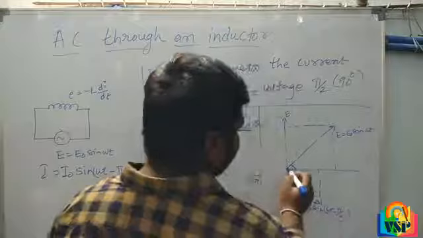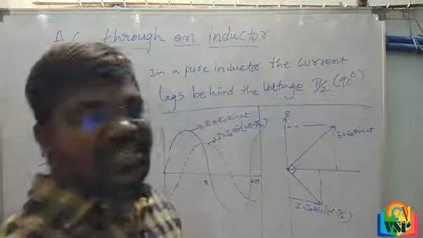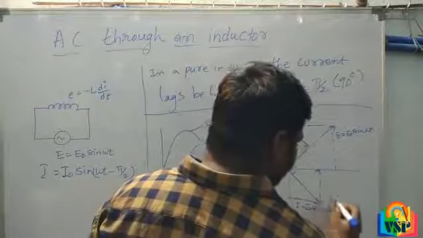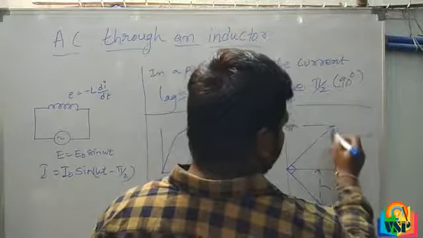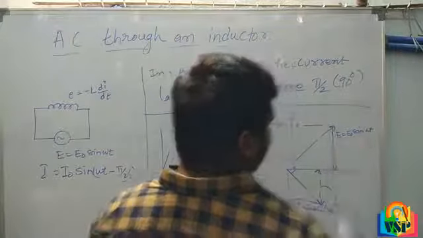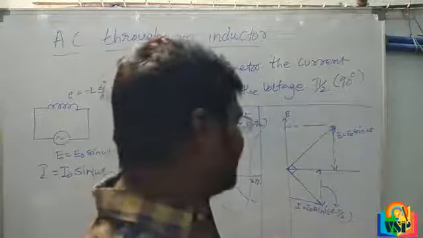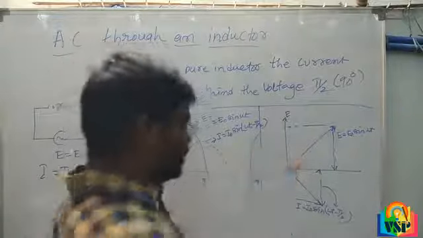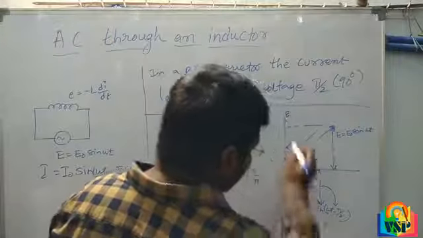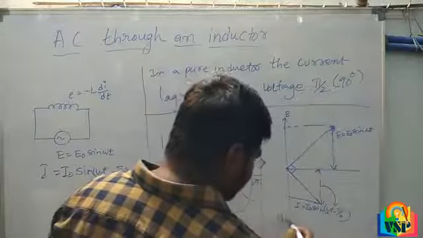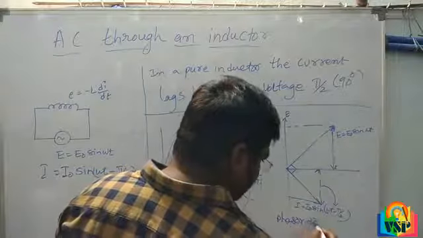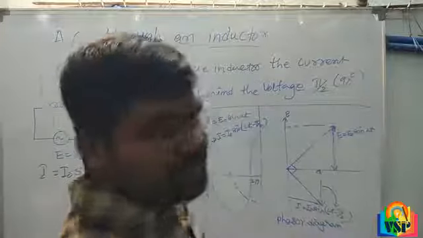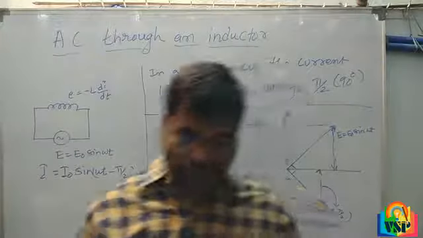So this is the phasor diagram. This value indicates current, and this value indicates alternating EMF.